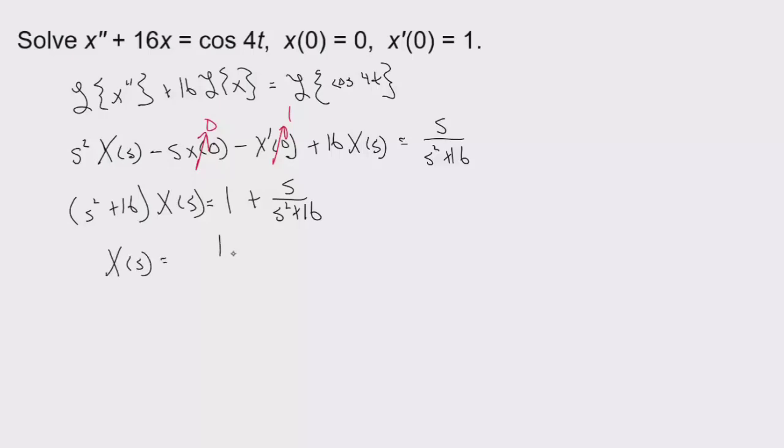So it's going to be 1 over s squared plus 16 plus s over s squared plus 16 squared. Alright, so then I want to do the inverse Laplace of each term.